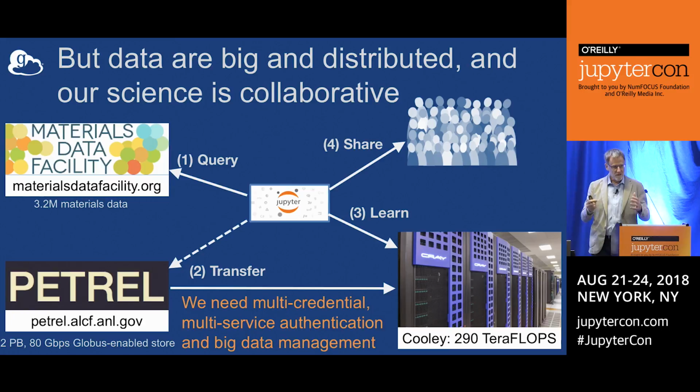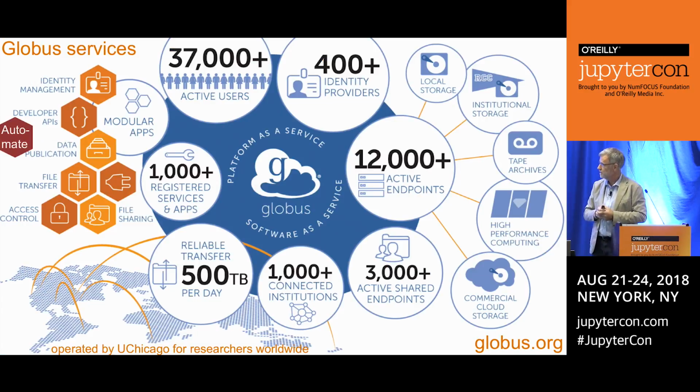So in order to do that, we need a set of things. We need multi-credential, multi-service authentication. We've got to be able to manage that within our Jupyter notebook. We want to be able to perform operations at all these remote places with appropriate authentication, authorization, and so forth. And we also want to be able to manage the movement of data from one locale to another. And these are the things that we are going to be addressing using Globus.